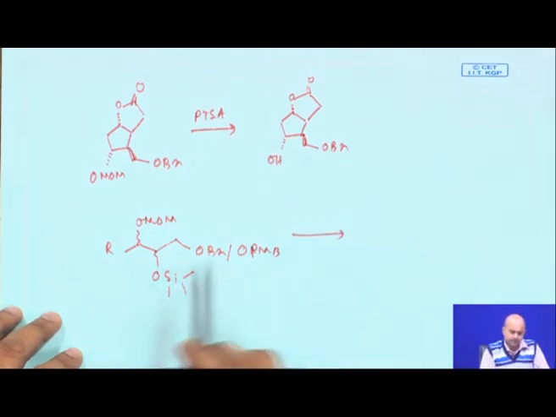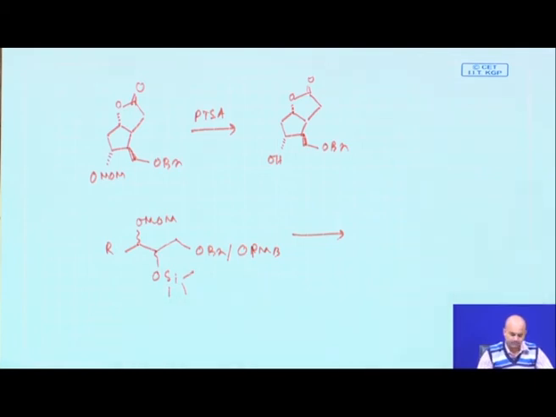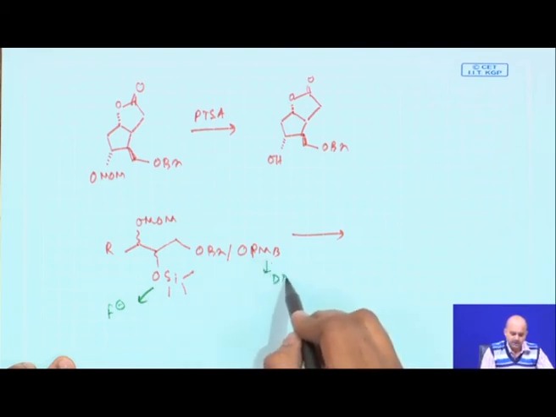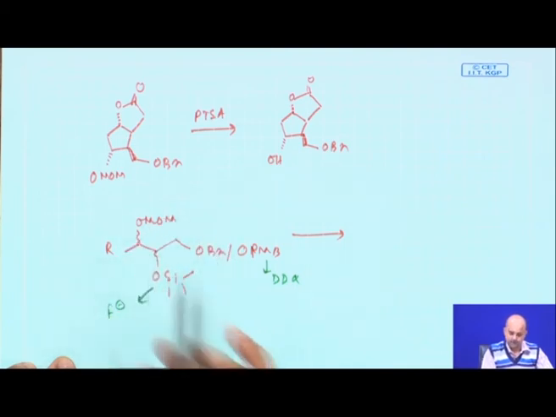Now, here you have to see whether these three groups are orthogonal to each other or not. Silicon can be easily clipped by a fluoride source, and the other two groups won't be touched. Benzyl and PMB can be clipped by DDQ, and other groups won't be affected.